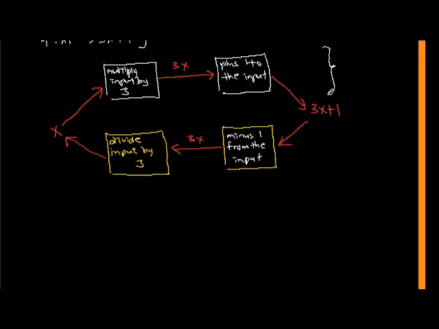This process can be summarized as f(x) equals 3x plus 1, or f: x maps to 3x plus 1.